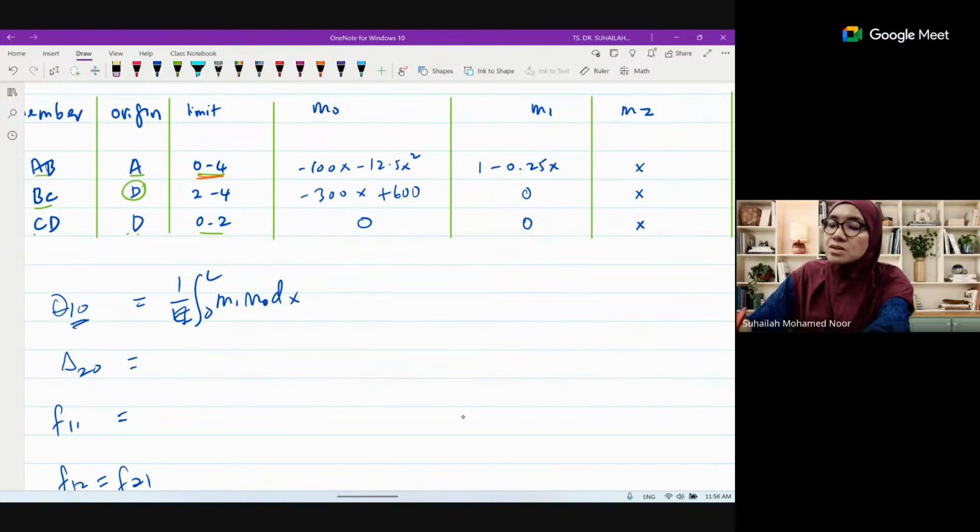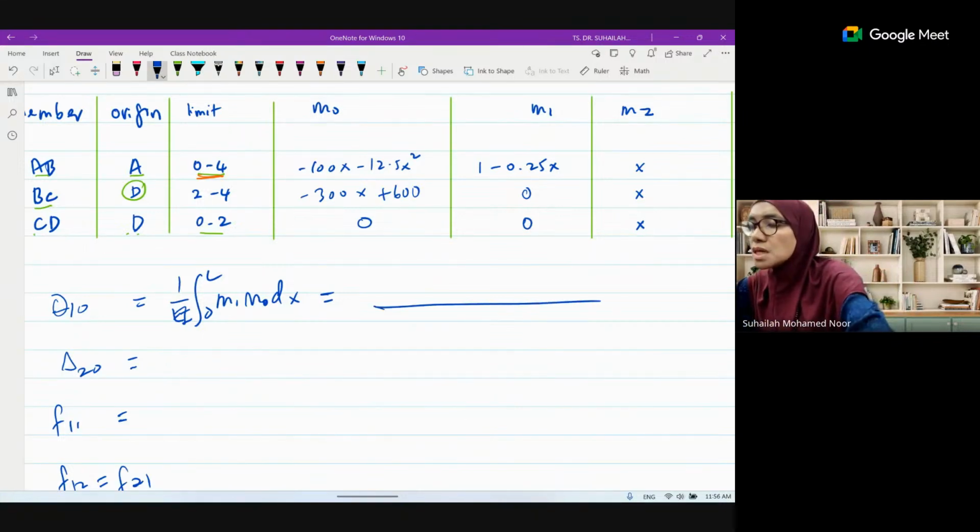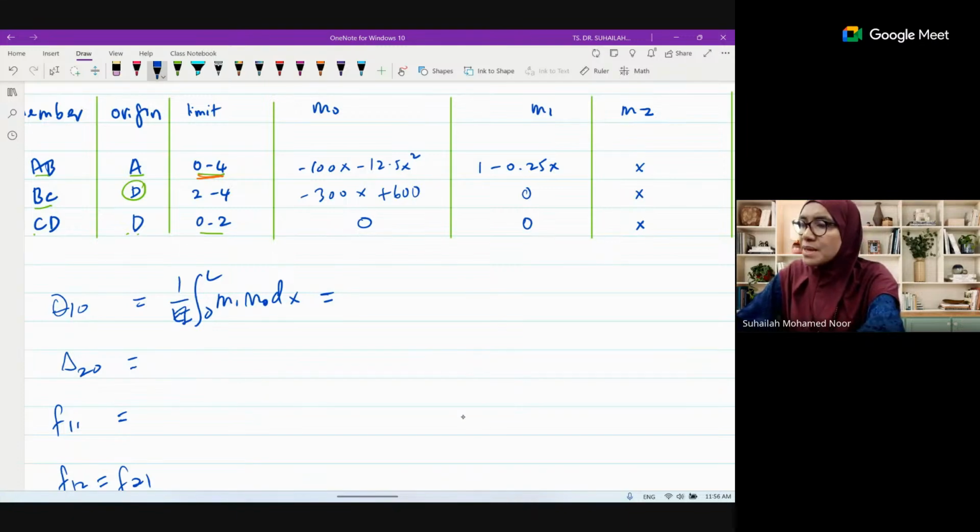Okay, so apa kita buat, kita akan tengok table. So kita akan ada 3 section. Kalau you boleh buat sekaligus, ni dah tinggal satu je kan? Kan, M0, M1 kan? Tinggal satu je, tinggal AB tu je. Tinggal AB kan. Okay, please now integrate M1, M0, limit 0 to 4. What is the answer?